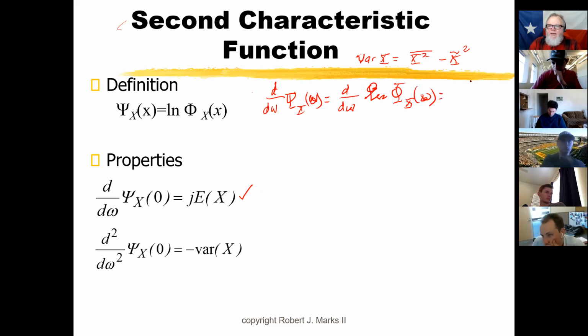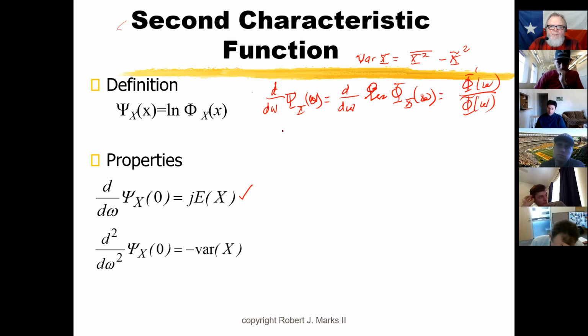Correct? And if you remember the definition of the logarithm and then apply the chain rule, this is phi prime of omega over phi of omega. Is that okay? Hopefully you remember that simple derivative.